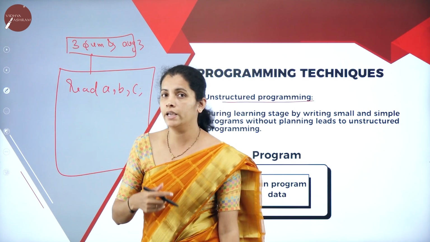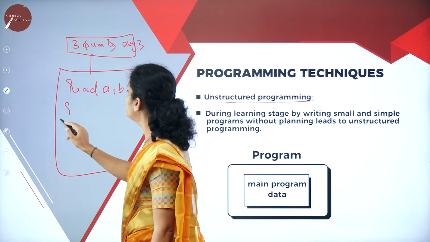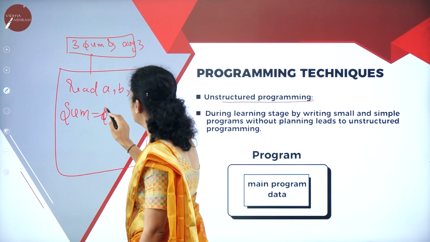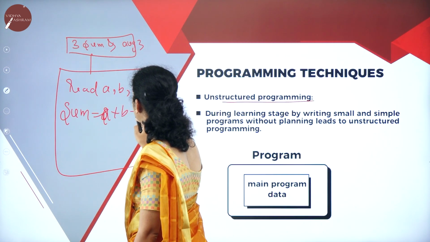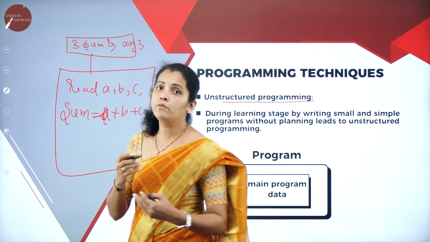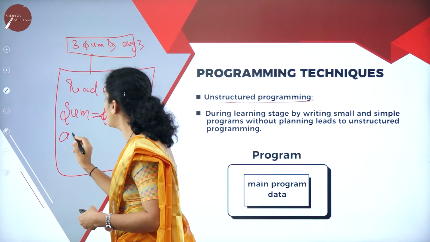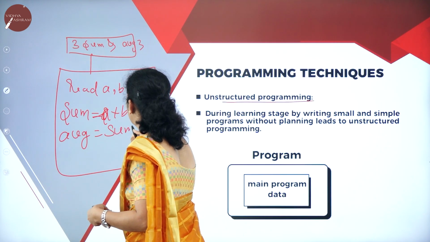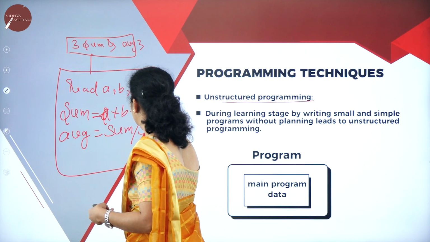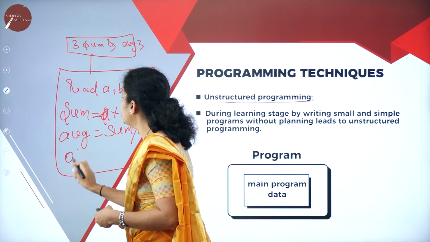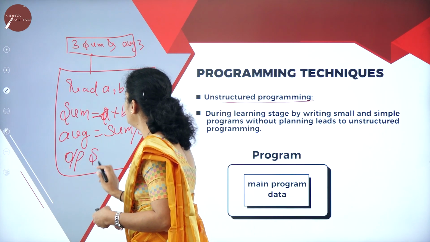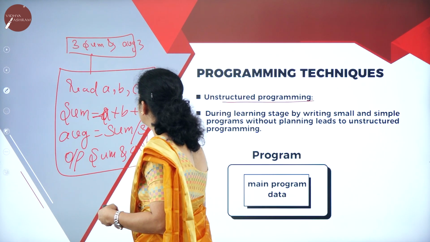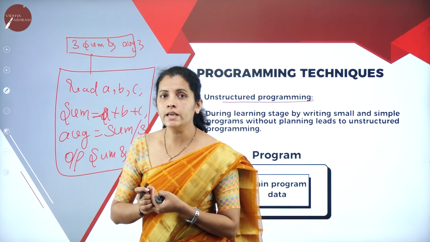That is nothing but the input variables. Then find the sum. That is A plus B plus C. Then I want to find the average. That is average equal to sum divided by 3. Then print the output. That is sum and average. So this is the way I'm going to write the program.